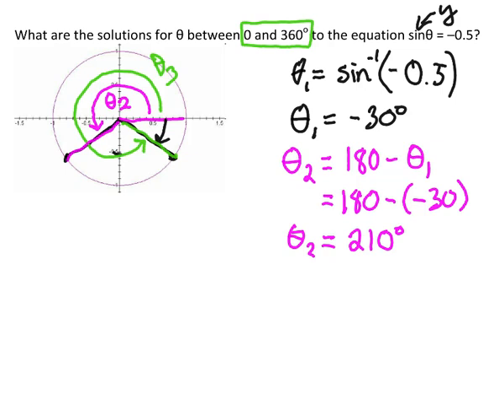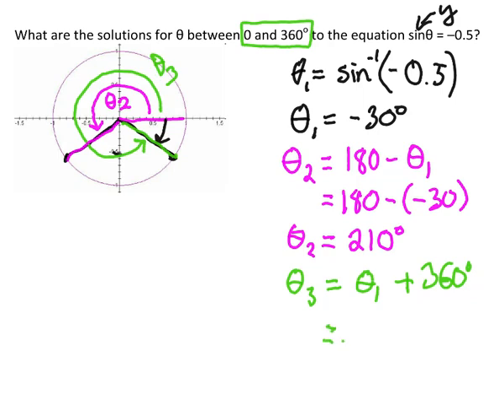So if you remember how we get coterminal angles, we get them just by adding or subtracting multiples of 360. So what you want to do to get theta 3 is take your theta 1, which is negative, and just add 360 to it to make it a positive number. So instead of going backwards by negative 30, we could go forwards by positive 330 in this case.